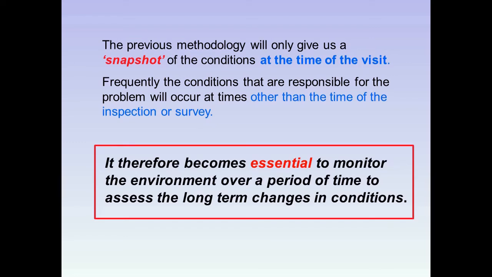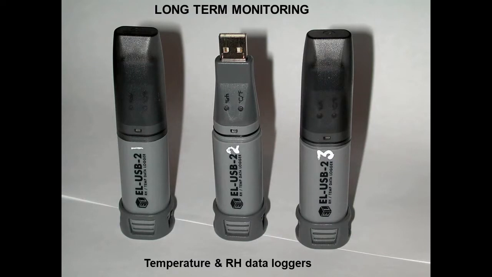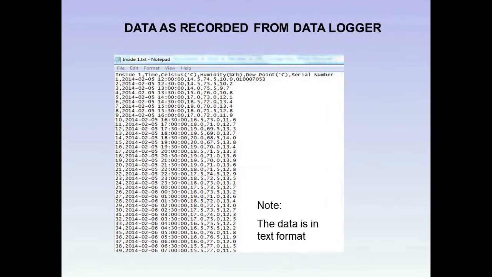It therefore becomes essential to monitor the environment over a period of time to assess the long-term changes in conditions. We can do this by means of specialist data loggers. These are temperature and relative humidity data loggers, and they also record dew point temperature. The data from the logger is presented in this form, and note that the data is in text format.